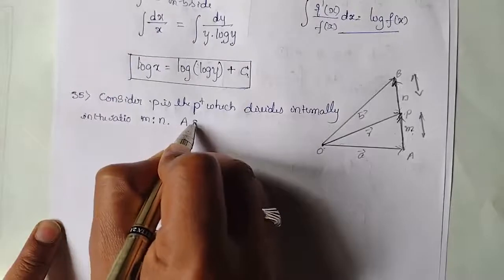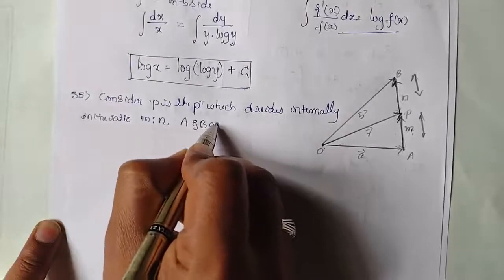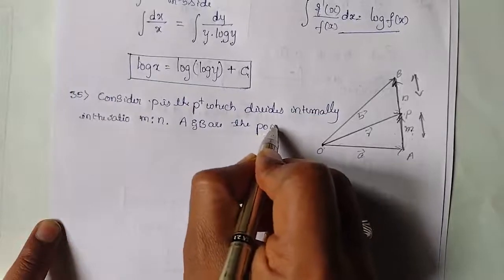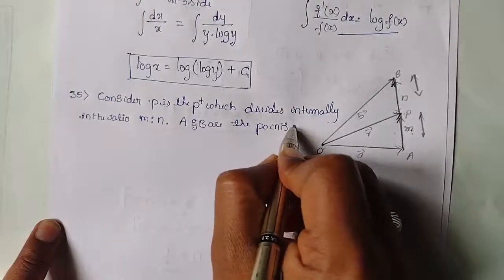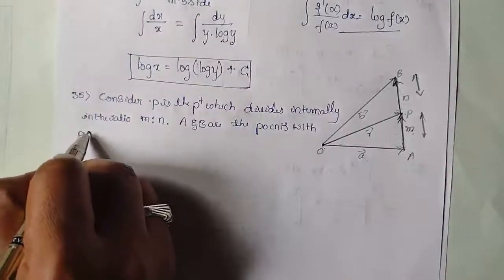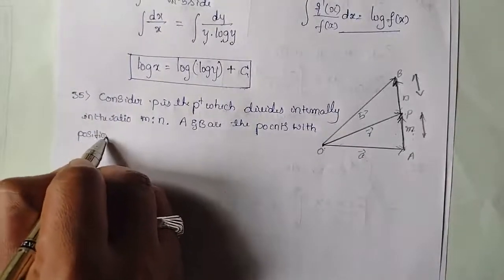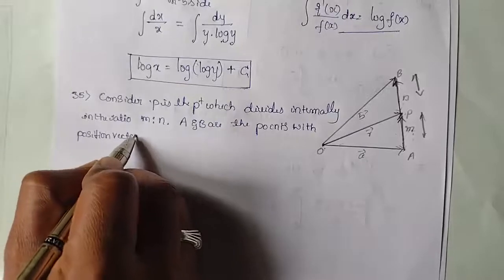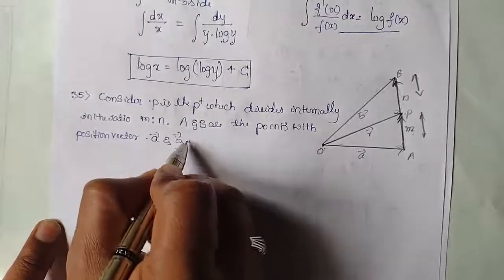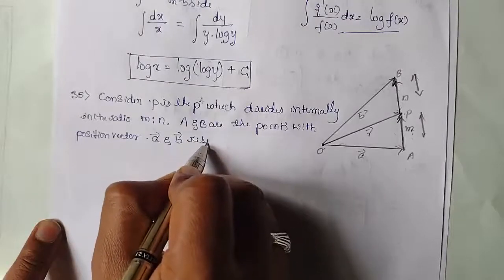And A and B are the points with position vectors a vector and b vector respectively.